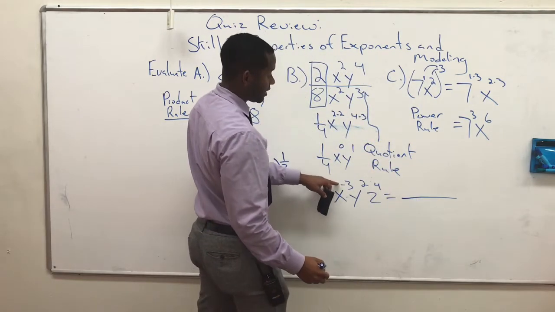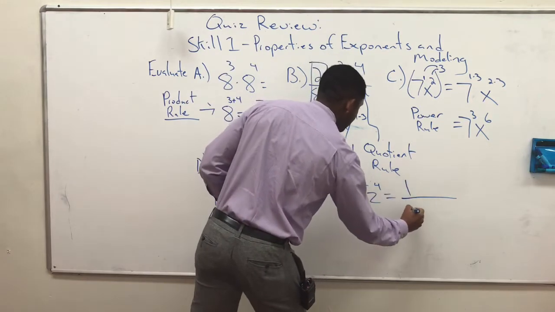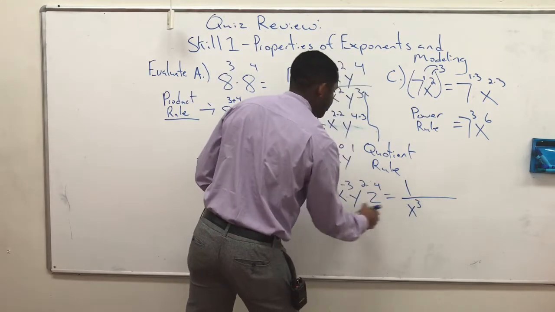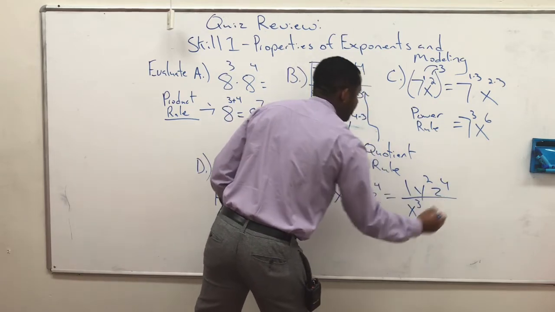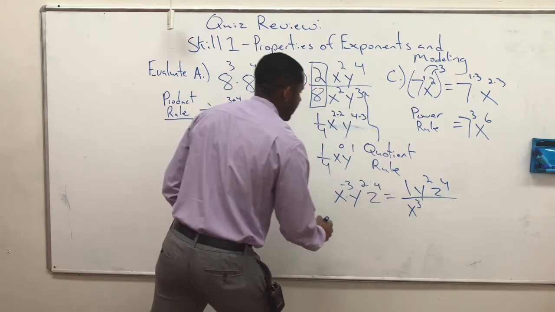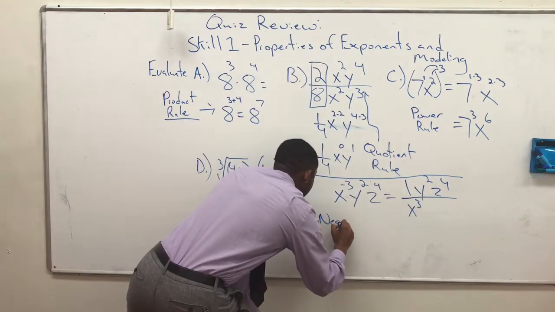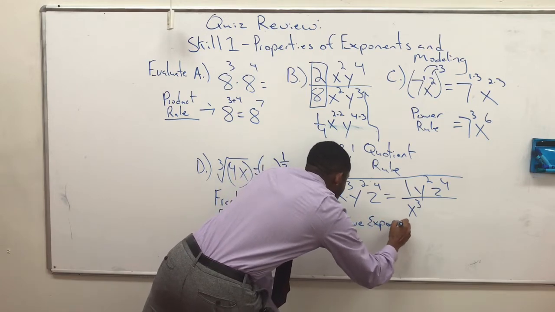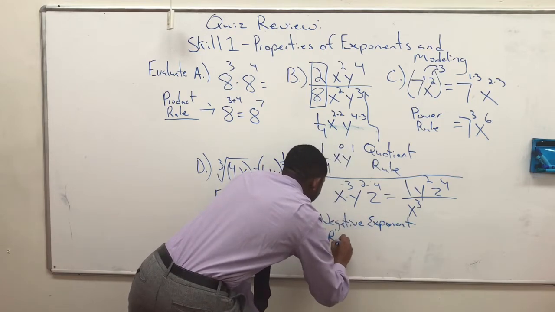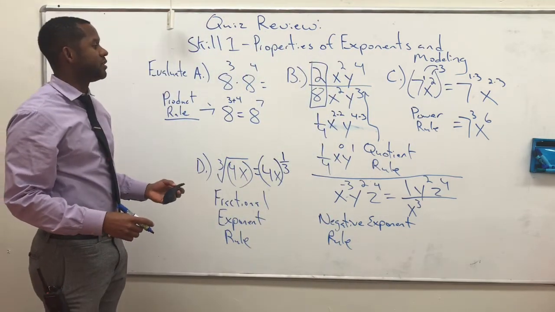To get rid of a negative exponent, I do the reciprocal, so this becomes 1 over x to the 3rd, y squared still stays in the numerator, z to the 4th still stays in the numerator, right? So I'm just going to separate that. And this is your negative exponent rule.